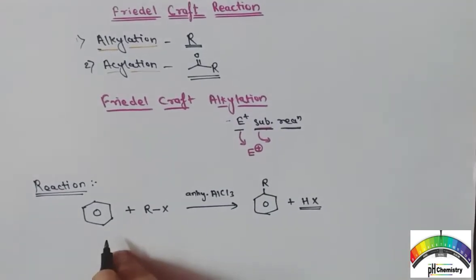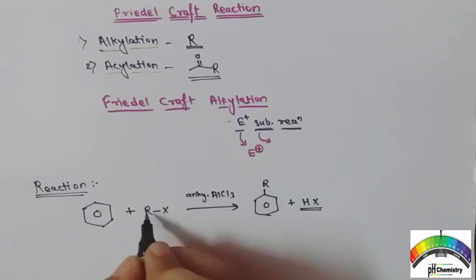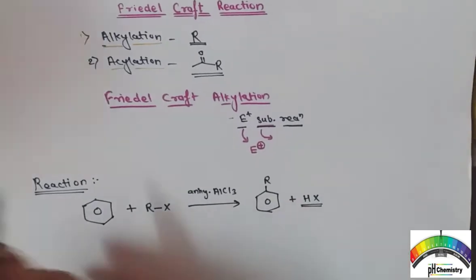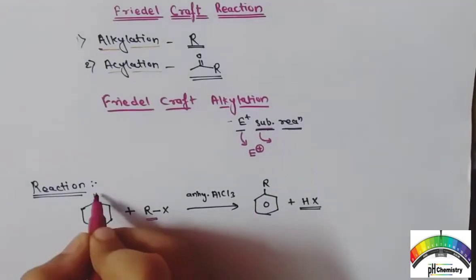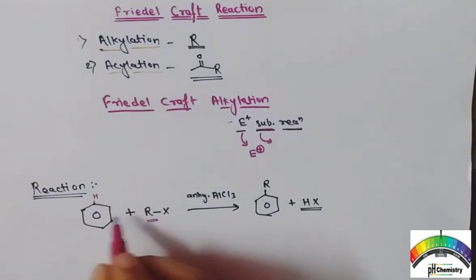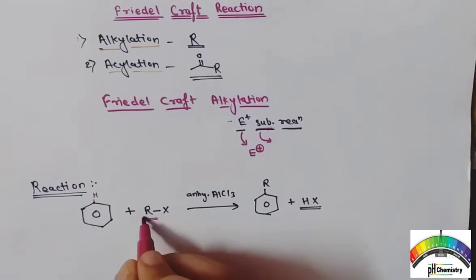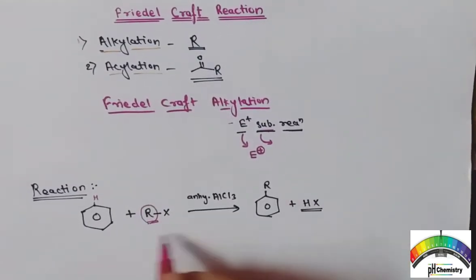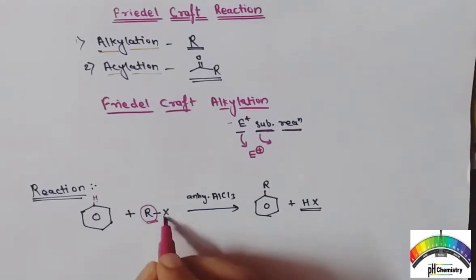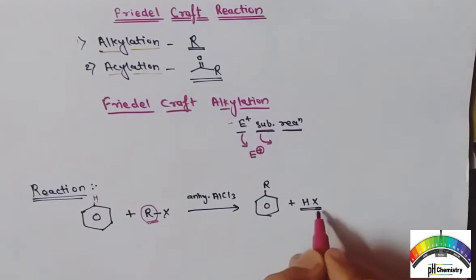This is the reaction of the Friedel-Crafts alkylation. Here you can see the alkyl group gets attached to the benzene ring. Substitution of hydrogen from the benzene ring by the R group, meaning alkyl group, is taking place. This hydrogen gets attached to the halide.